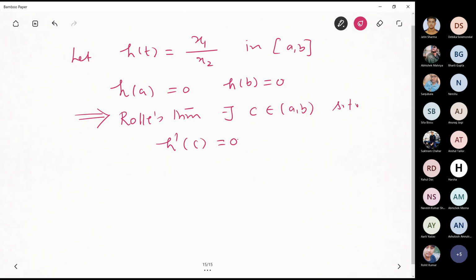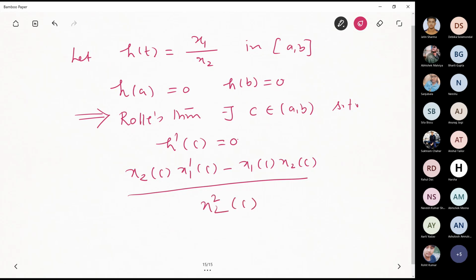So what is h prime? h prime is x2(c) x1 prime(c) minus x1(c) x2 prime(c), upon x2 squared. This is 0.